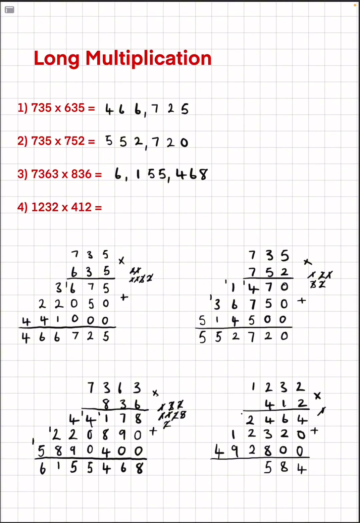Put the 5 down, carry the 1. 2 add 2 add 2 add 1 is 7. 1 plus 9 is 10. Put the 0 down, carry the 1. 4 add 1 is 5. So the answer is 507,584.